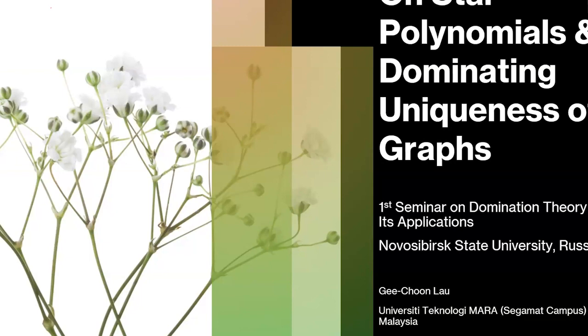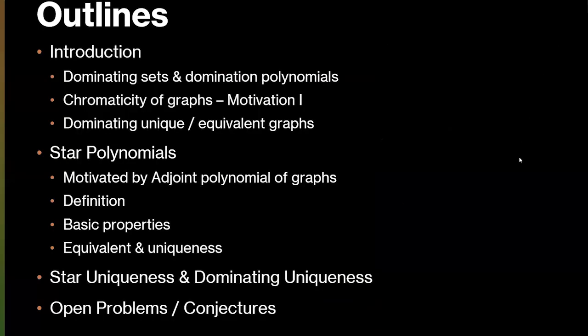And so here I have this presentation today. Here is a simple outline. I'm going to start by talking about the basic knowledge on dominating set polynomial and also a little bit about chromaticity of graph, before I go to dominating uniqueness of graph.